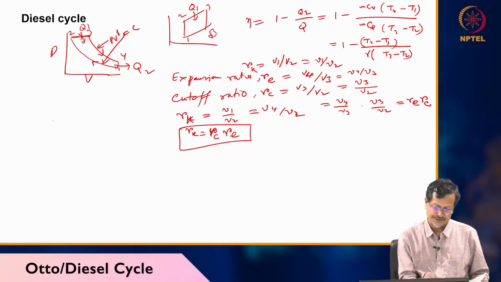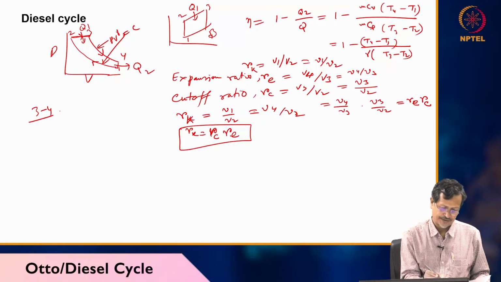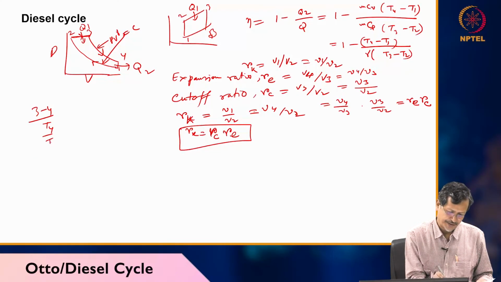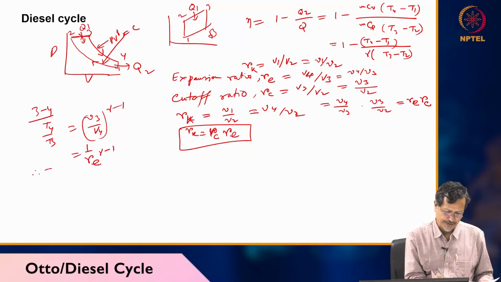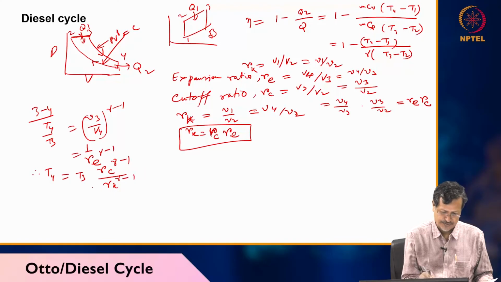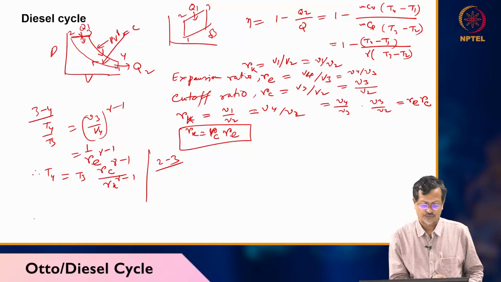Now process 3 to 4 is the expansion process. So T4 by T3 equals (V3 by V4) to the power gamma minus 1, equals 1 by RE to the power gamma minus 1. Therefore T4 equals T3 times RC to the power gamma minus 1 over RK to the power gamma minus 1. Now process 2 to 3 is the heat addition process at constant pressure.